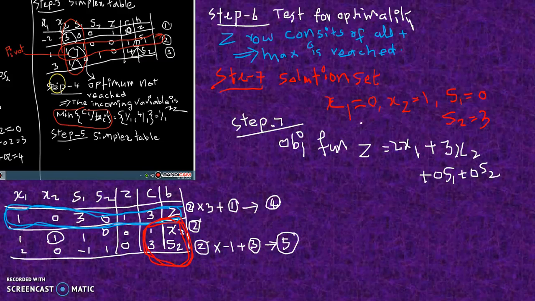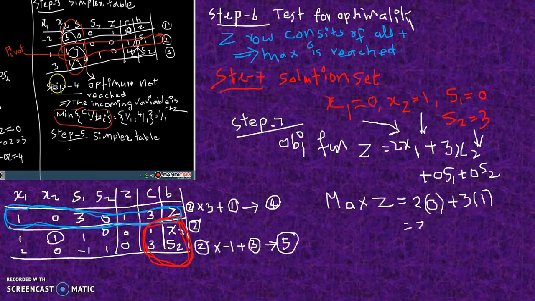So substituting these values here, you will get maximum z is equal to 2 into, see there what we are getting, the value of x1 is 0, plus 3 into the value of x2, which is 1. So it is equal to 3.